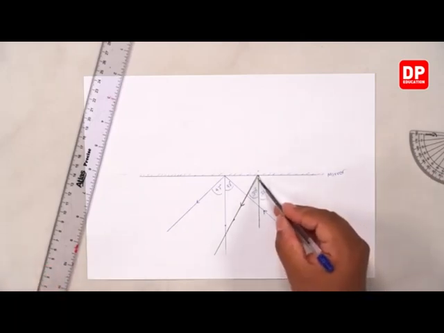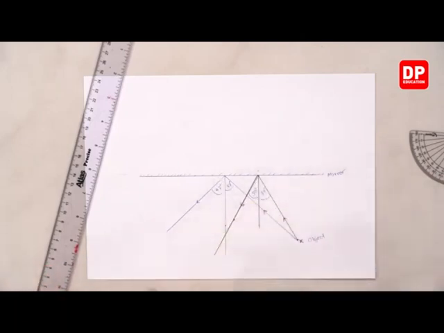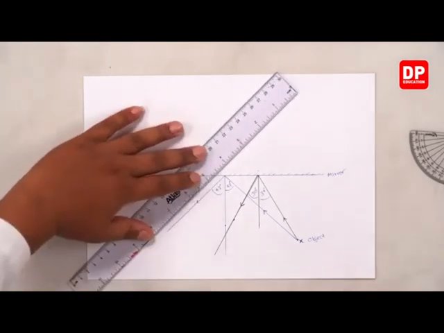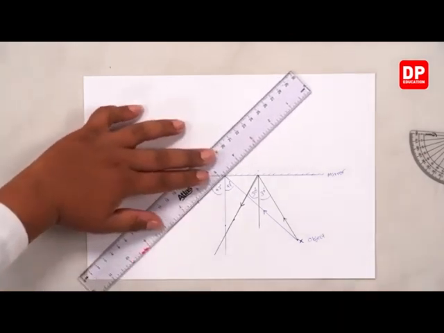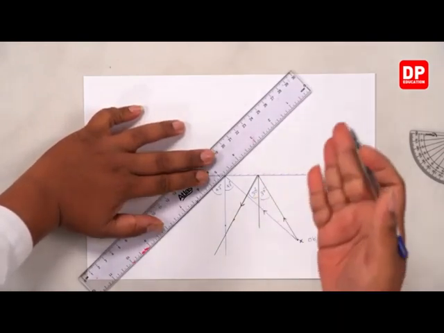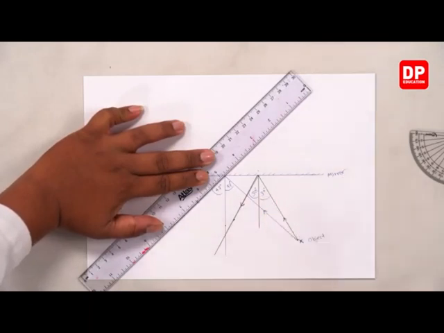Now these are the two light rays which are going away from the mirror, or two reflected light rays. Now we'll draw the reflected light rays towards the mirror, then once again beyond the mirror in order to get the image.